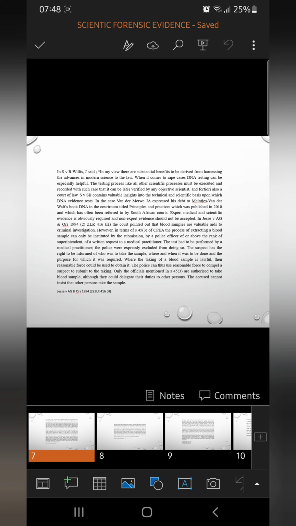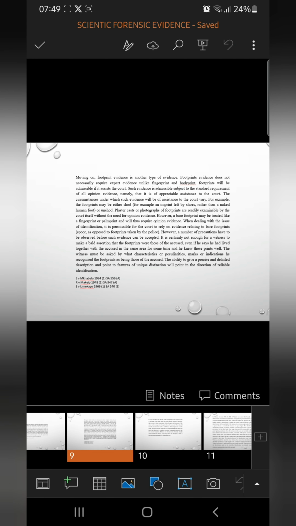Only the officials mentioned in Section 45(3) are authorized to take a blood sample, although they could delegate their duties to other persons. The accused cannot insist that other persons take it.